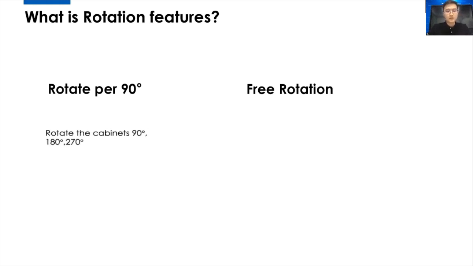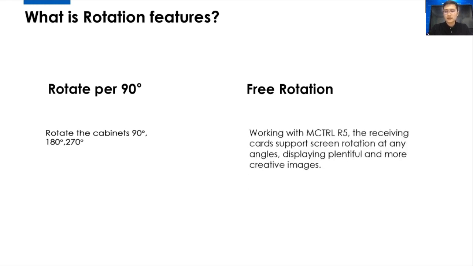Per 90 degrees means rotating the cabinet 90 degrees, 180 degrees, and 270 degrees. Free rotation means the cabinet rotates at any angle, like 360 degrees, to display plentiful and more creative images. But for this technology, you have to use the controller R5.